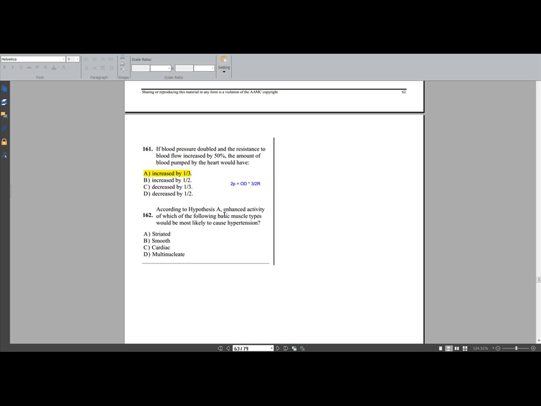Hypothesis A. Which of the following muscle types would cause hypertension? I mean, it's probably smooth. It's the only one that deals with blood vessels. Oh crap, cardiac also deals with that stuff too.